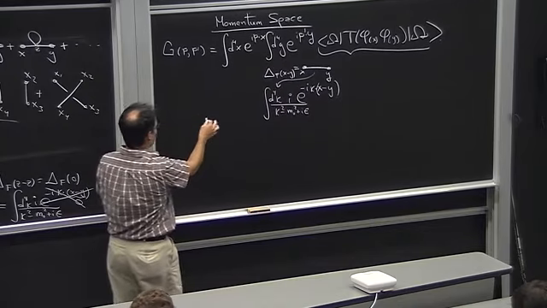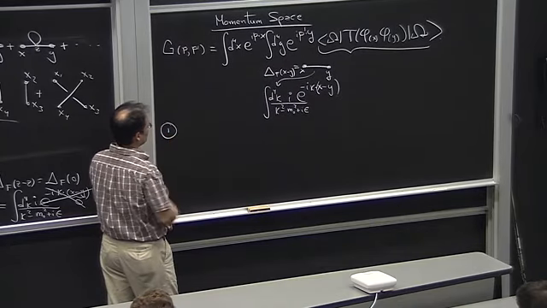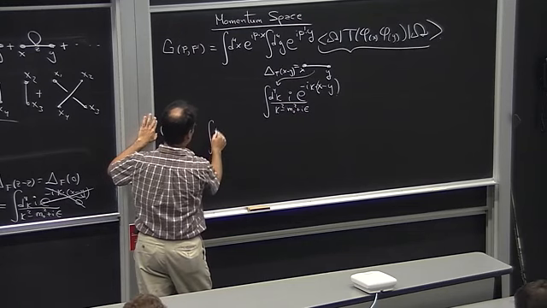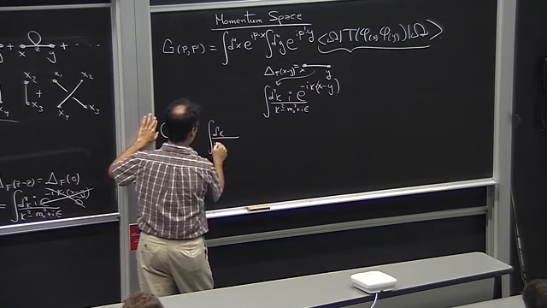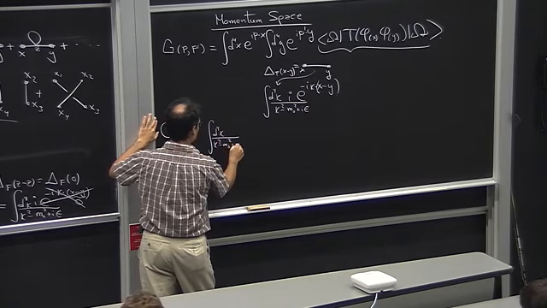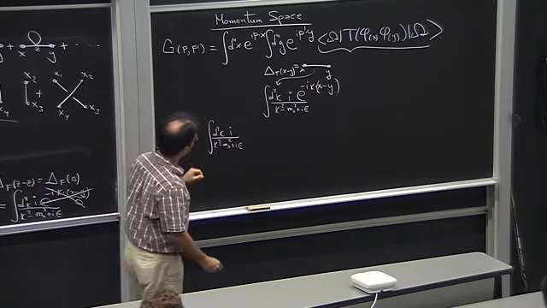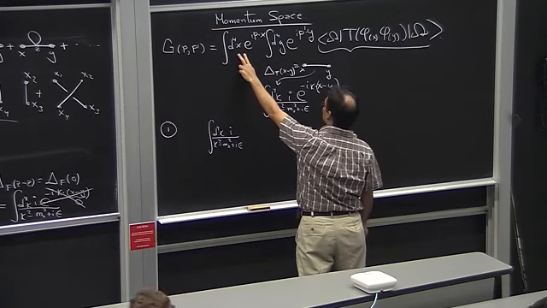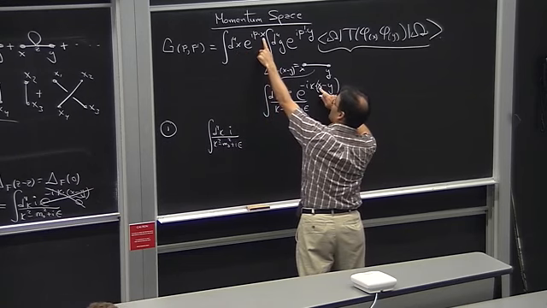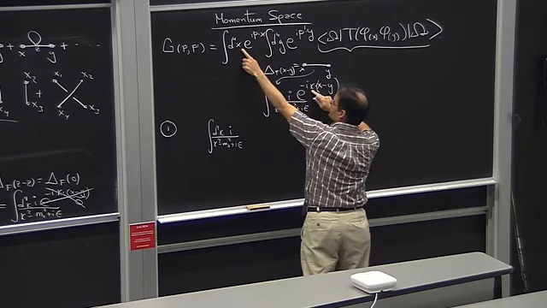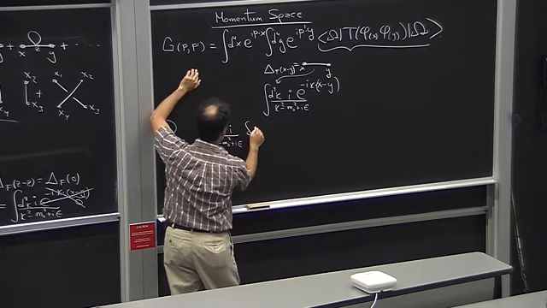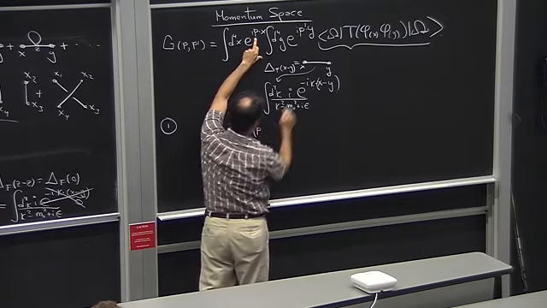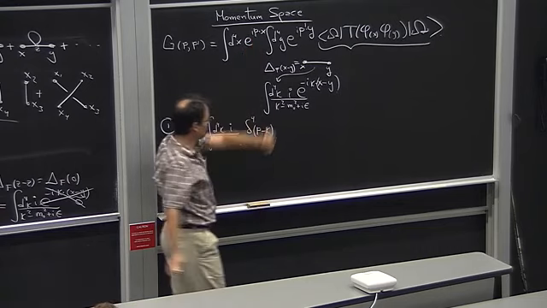For that diagram, for our first contribution, we're going to get something that looks like the integral d4k, i over k squared minus m0 squared plus i epsilon. And then the x integration gives us a delta function that links p and minus k, or p and k together.